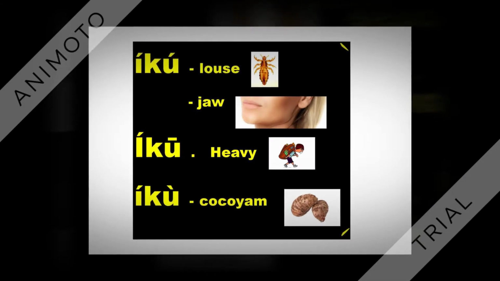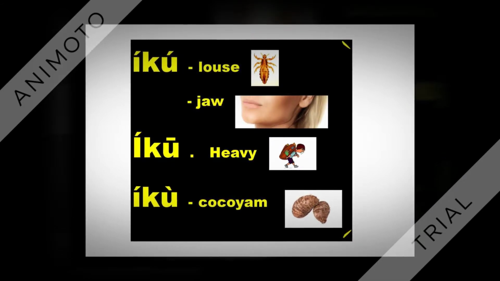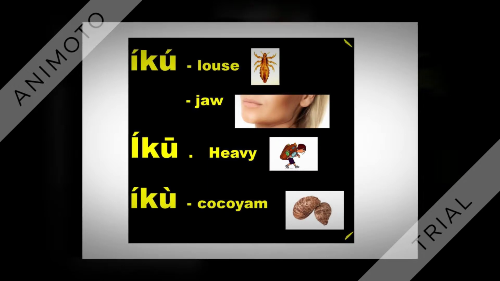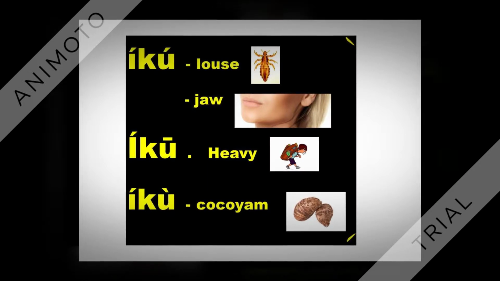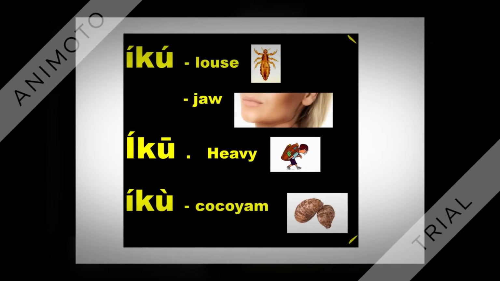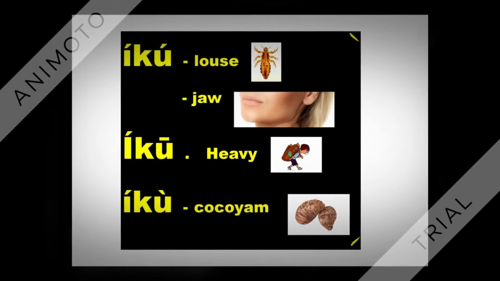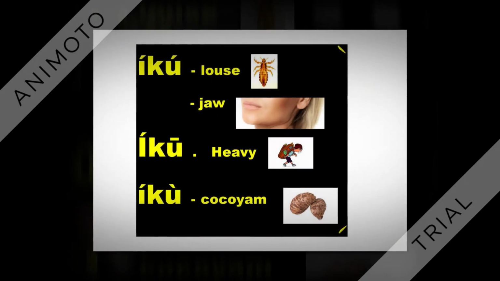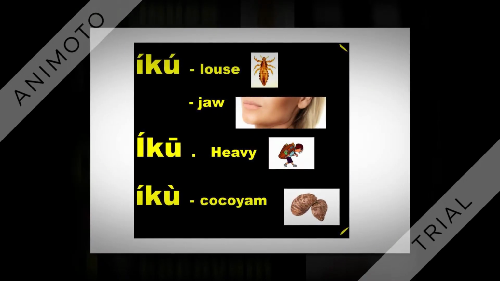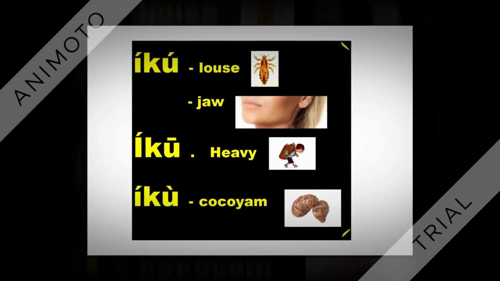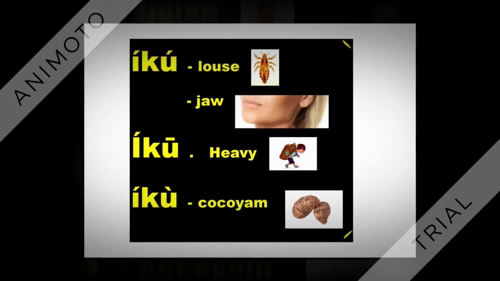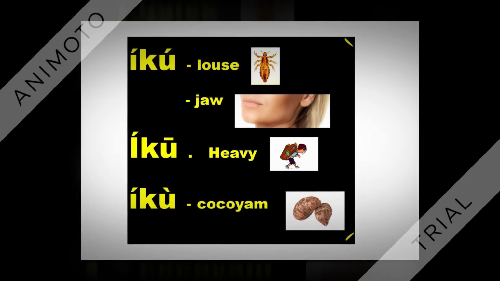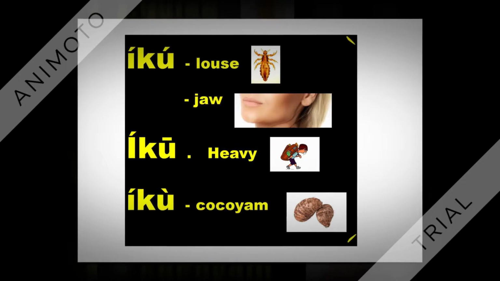Now, the first is Iku, a louse. Louse is spelled Louse. The plural of the louse is Lice.